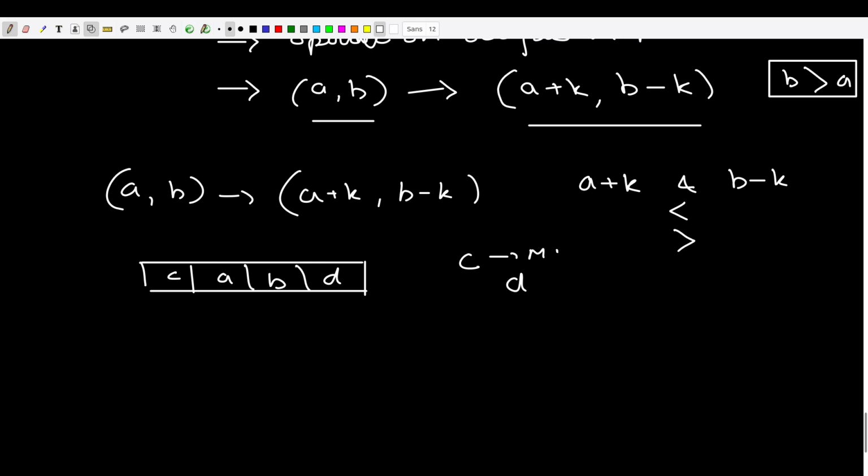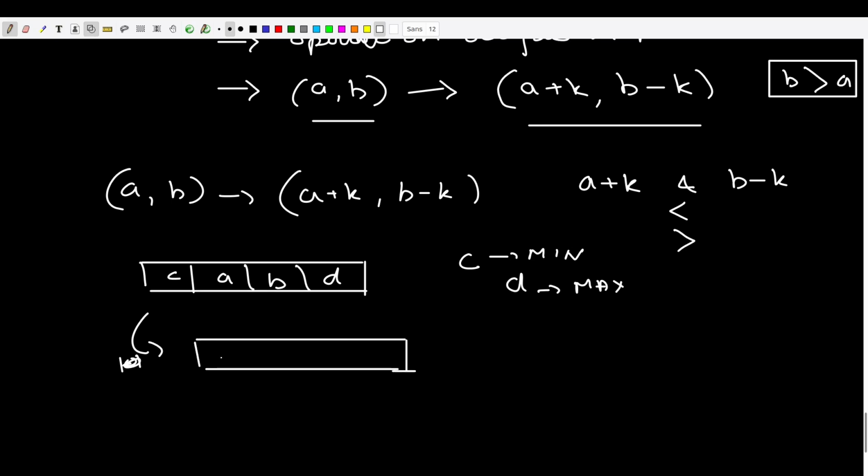Now we have to manipulate this array. Since we are operating only on this pair, a will become a plus k and b will become b minus k, and d remains. So from this array we know d is maximum, c is minimum.